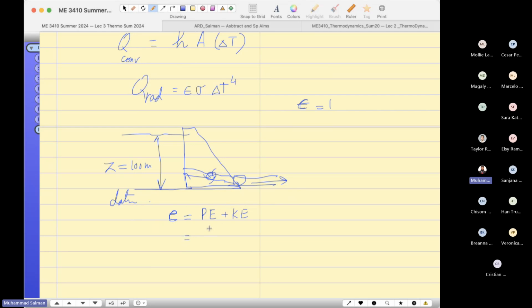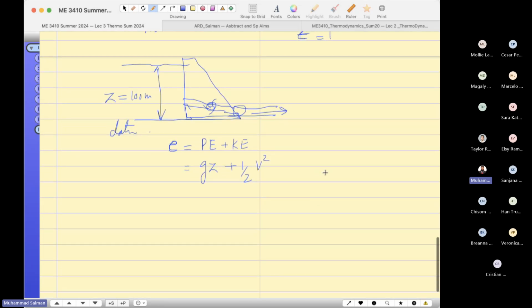And you know the formula of potential energy is Gz, and kinetic energy is half V square. This is in joules per kilogram. And sometimes we need the units in kilojoules per kilogram. In that case, you will have Gz plus half V square, whole divided by 1,000.